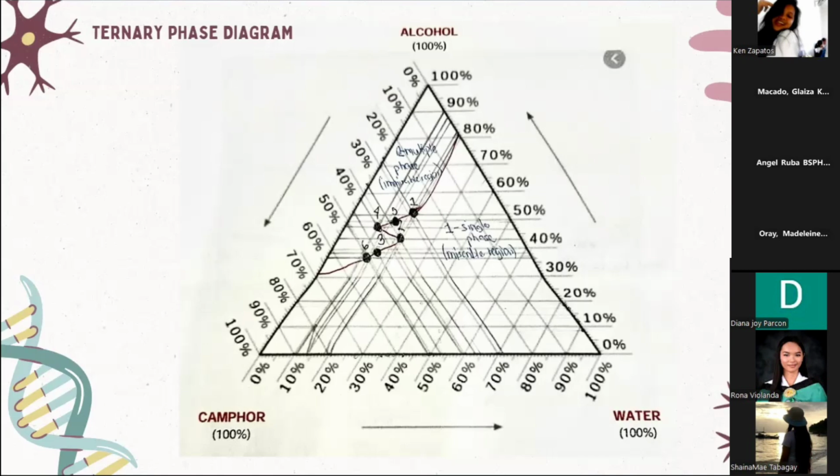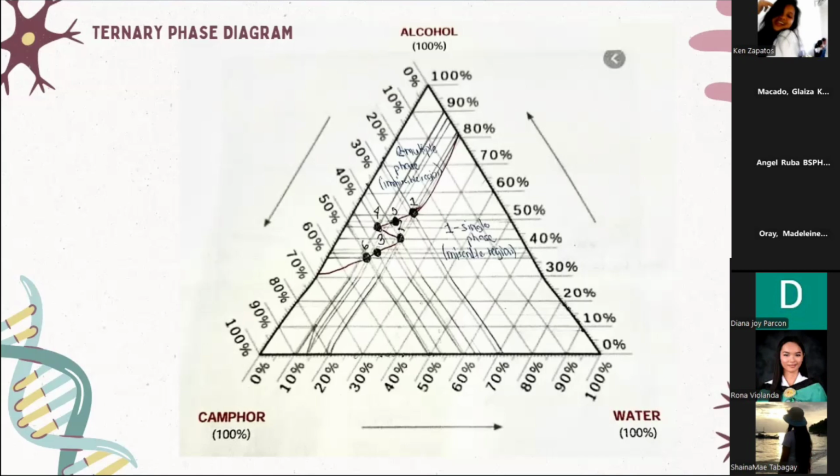They intersect at 62%. For our system number 4, it is plotted at 51% because our alcohol is 49.8%.